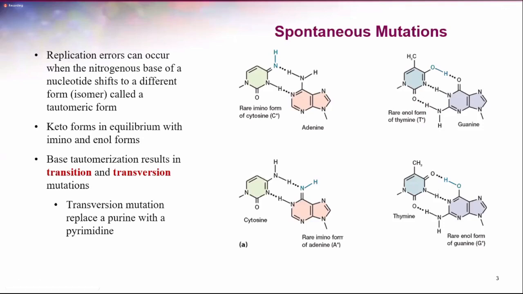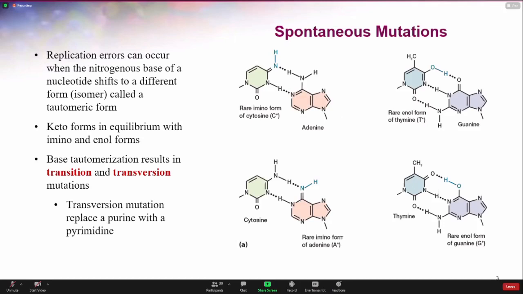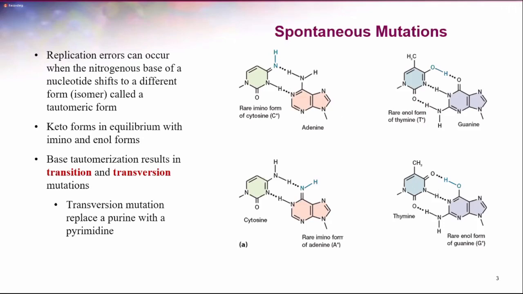Okay, so it doesn't distinguish between the bases on their chemical basis. Rather, it looks for the number of hydrogen bonds. If guanine was in the template and you have 3 hydrogen bonds formed with the corresponding base, then it doesn't care whether it's the enol form of thymine or regular cytosine. So it considers it correct and it moves on, okay?